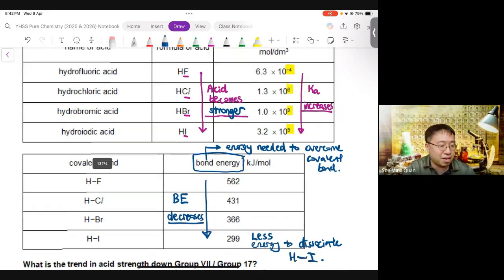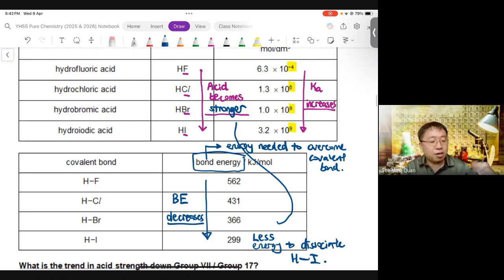Therefore, the acid is stronger. So this is the linkage between the two concepts. Because the covalent bond requires less energy to break or overcome, therefore, it's easier to dissociate H and I. Therefore, it dissociates more completely. The acid HI is stronger. All right? So I hope you can see these trends and link them accordingly.